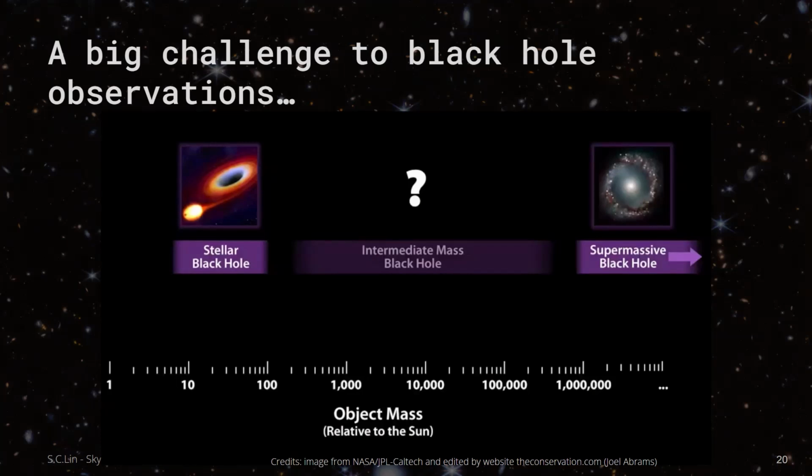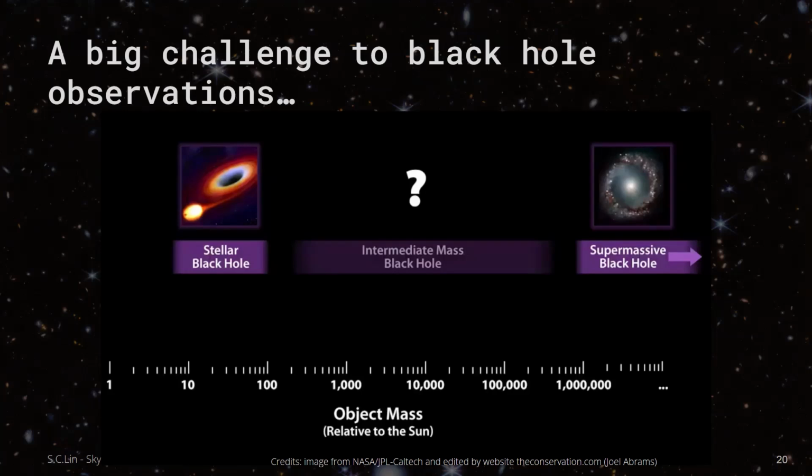We can see the stellar mass black holes through the X-ray binaries or through LIGO. We can see the supermassive black holes in each of the galaxies, and they can eject enormous outflows or become quasars. But where are these intermediate mass black holes? We don't know yet. Are they just hiding out there, or are they just not there, not existing in our universe?